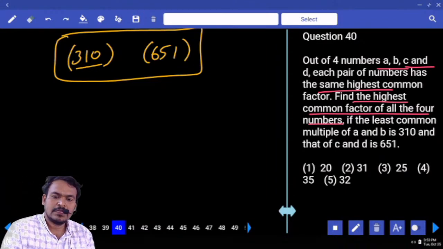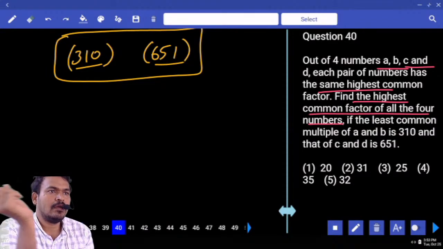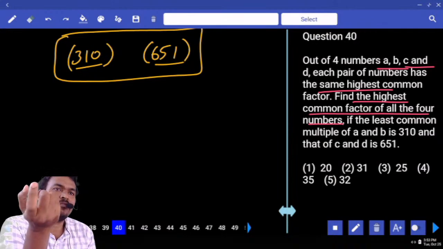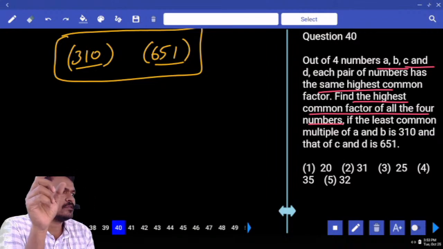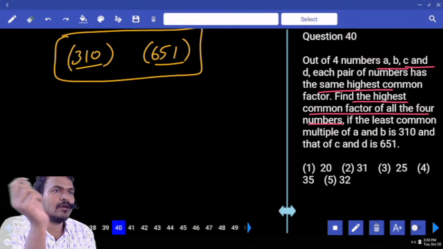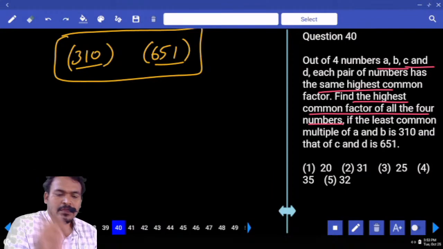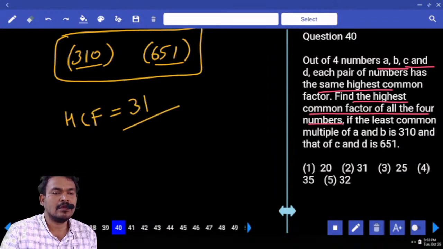Yes or no? 651, it is also a multiple of 31, or not? If a pair is divisible by 31, then the individual numbers are also divisible by 31, or not? The first pair is divisible by 31, the second pair is also divisible by 31. Obviously all the numbers are also divisible by 31, or not? Then the highest common factor of these pairs is how much? 31.